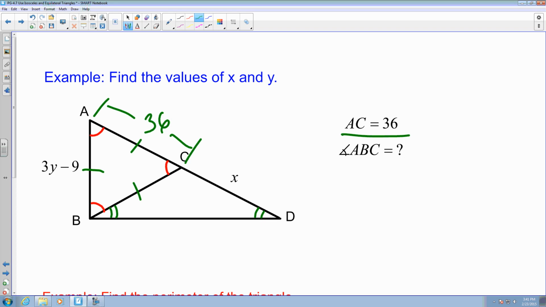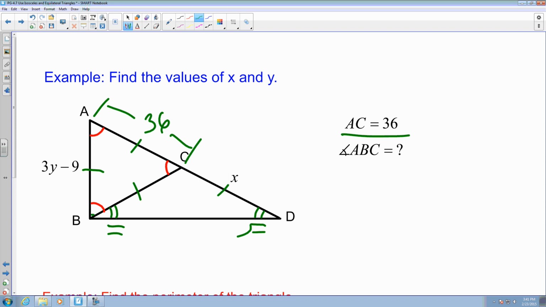Okay? And then if I look at triangle BCD, that is an isosceles triangle because of these two angle measures. And because of the angle measures, I know that the adjacent side lengths will be congruent as well.